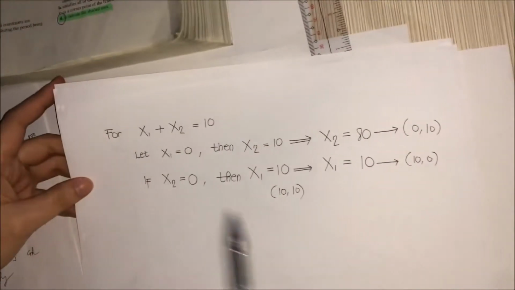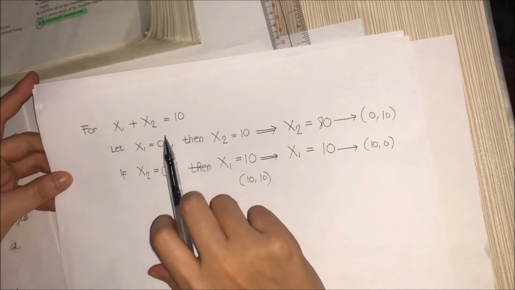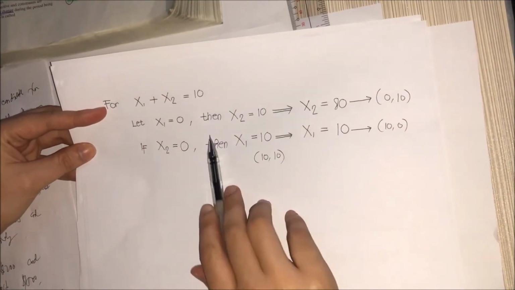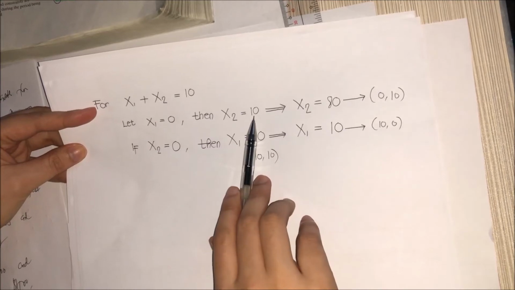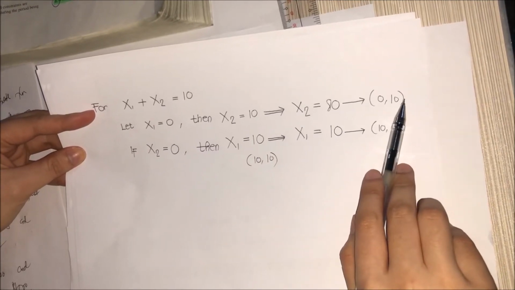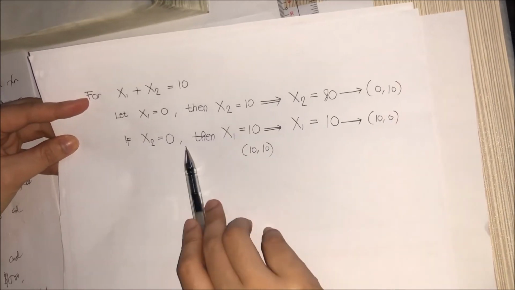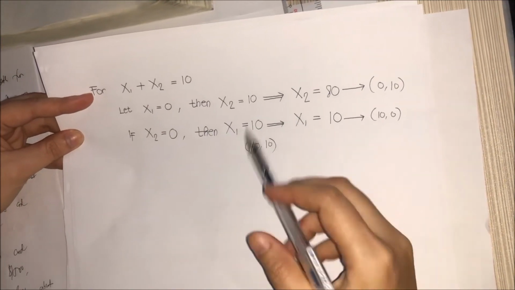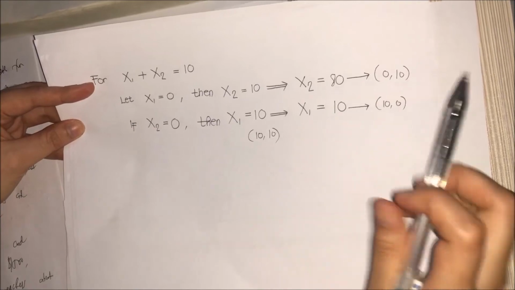For the second constraint, we have x1 plus x2 equals 10. Letting x1 equal 0, then x2 is 10, so you have the point 0, 10. If x2 equals 0, then x1 equals 10, giving the point 10, 0.